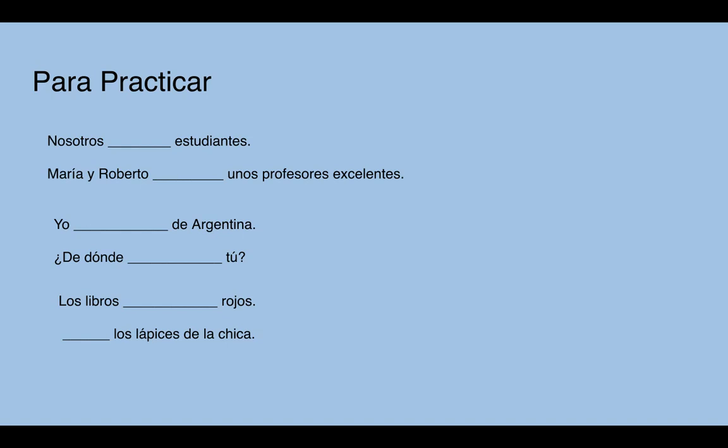Los libros. And the last one, los lápices de la chica. Once again, pause the video and figure out what form of the verb ser, soy, eres, es, somos, or son, would go in the blanks. Then restart the video once you have them written down and check your answers.